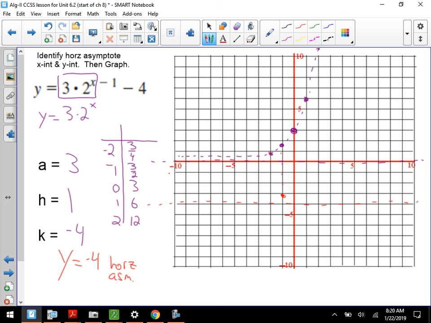When you have your parent function, it was -2, 3/4, -1, 3/2, 0, 3, 1, 6, 2, 12. Your shift was x plus 1 and y minus 4.